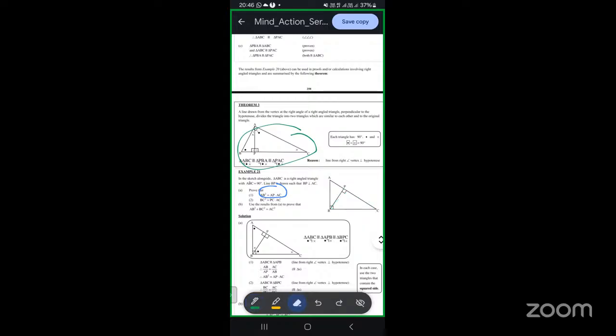And then with those triangles, you can formulate those equalities: AB over AP will be equal to BC over BP. They all will be equal to AC over AP.